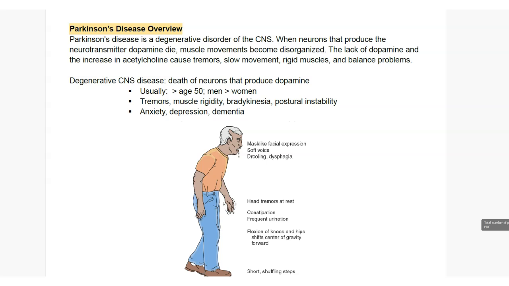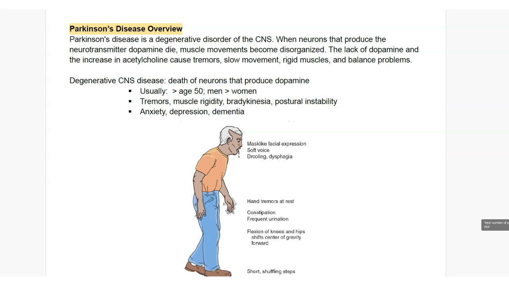The lack of dopamine and the increase in acetylcholine causes tremors, slow movement, rigid muscles, and balance problems. So it has to do with their movement coordination. Again, it's a degenerative disease of the central nervous system causing the death of neurons that produce dopamine.